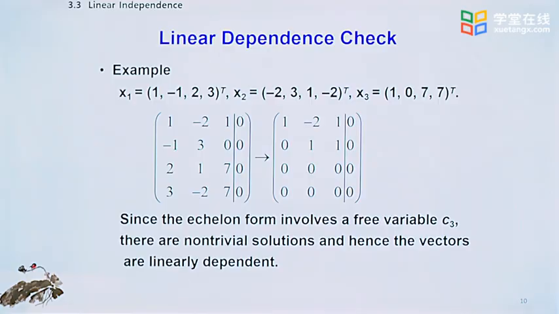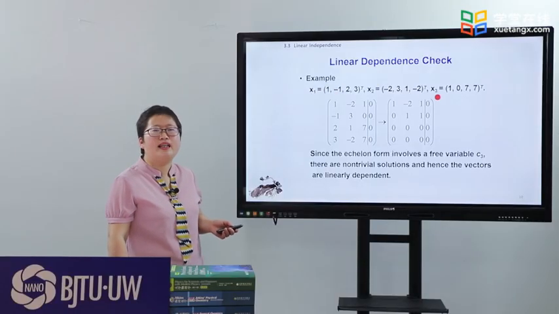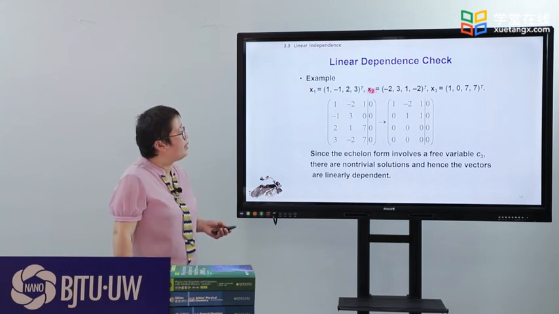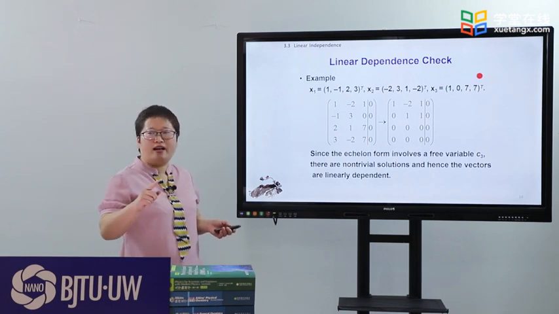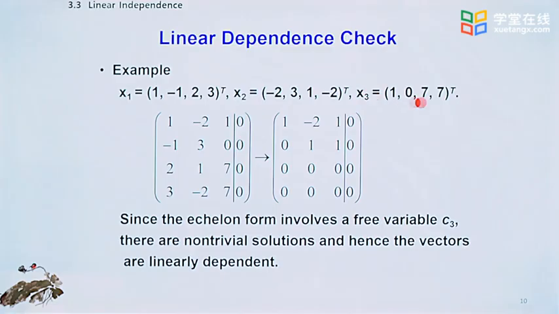Okay, see this example. It asks you to check whether x1, x2, x3 are linearly independent or not. The general way is you write the linear combination of these given three vectors equal to 0, and then you solve the homogeneous linear system, right? It should be C1 times x1 plus C2 times x2 plus C3 times x3 equals 0.